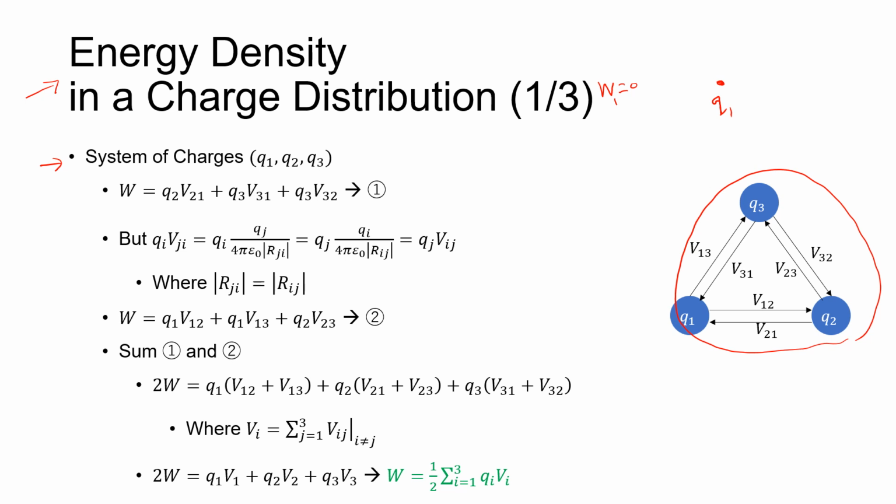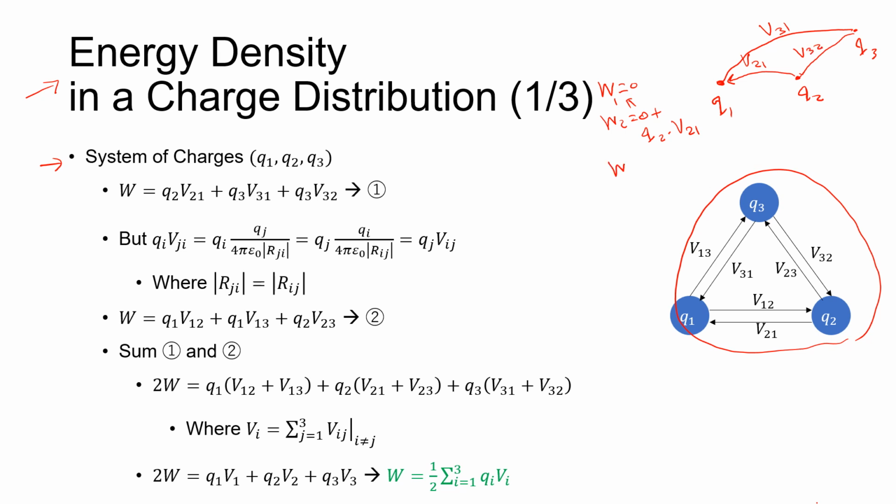If we want to bring another charge, say Q2, to this system, due to the existence of Q1, there is a voltage V21 here. Then we will have W2 equal to 0, which is the original, plus something. This something is simply the new charge multiplied by the voltage V21. Imagine then we want to bring another charge Q3 to the system. You will have voltage V31 as well as another voltage V32.